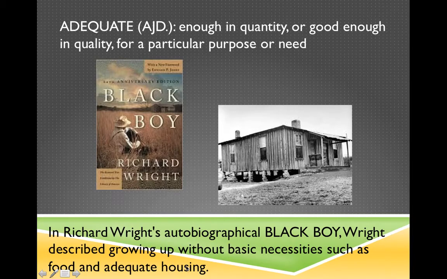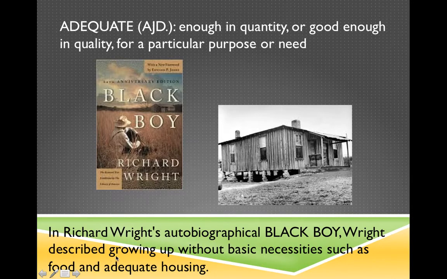Okay. The housing was not adequate, meaning it was of low quality. The quality of the house was not good enough. As you see in the picture here, it's not a good quality, good enough quality. Okay, so the housing was inadequate.